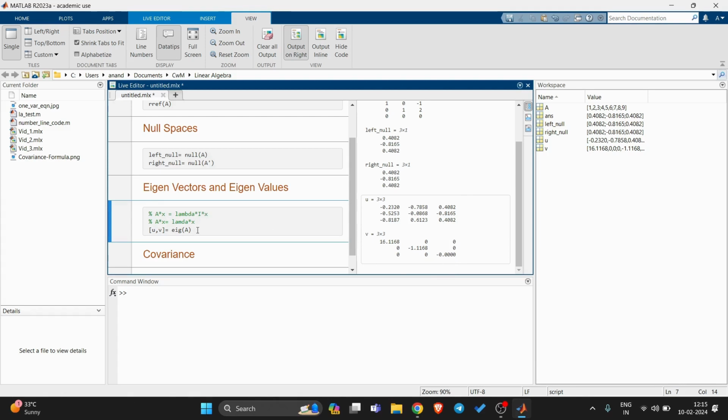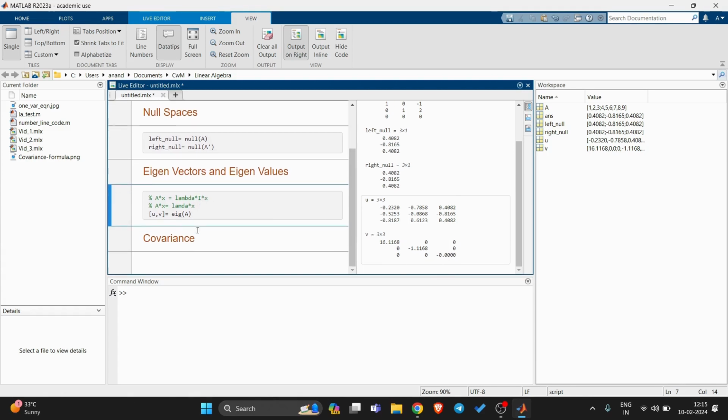So this is how you find eigenvectors and eigenvalues using the eig function in Matlab. The eig function returns two outputs. The first output is the matrix of eigenvectors, and the second output is a matrix which contains the eigenvalues as its diagonal elements.